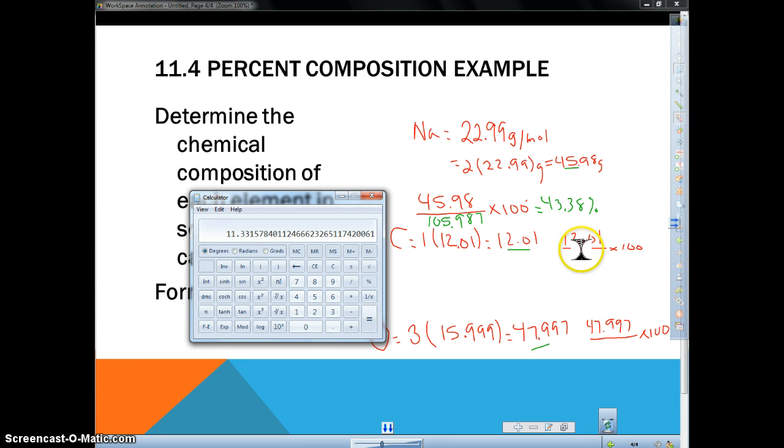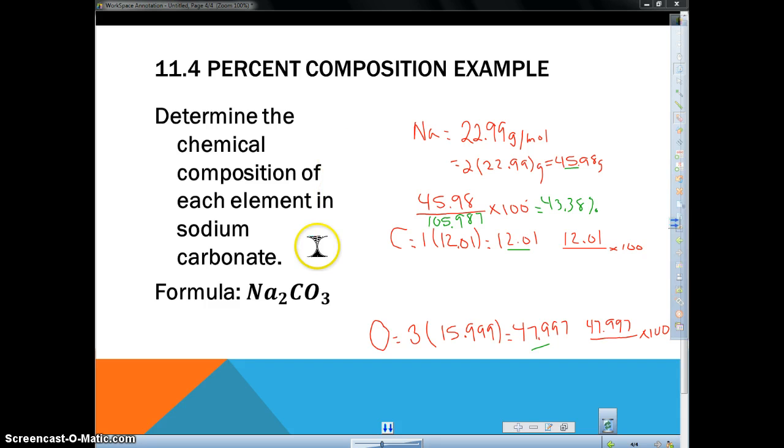Again, up here there are 4 sig figs. 105.987 has 6, so I can only record 4. So my final answer for carbon's percentage is 11.33. That's my final answer for the percent composition of carbon. So here I have 11.33% carbon.